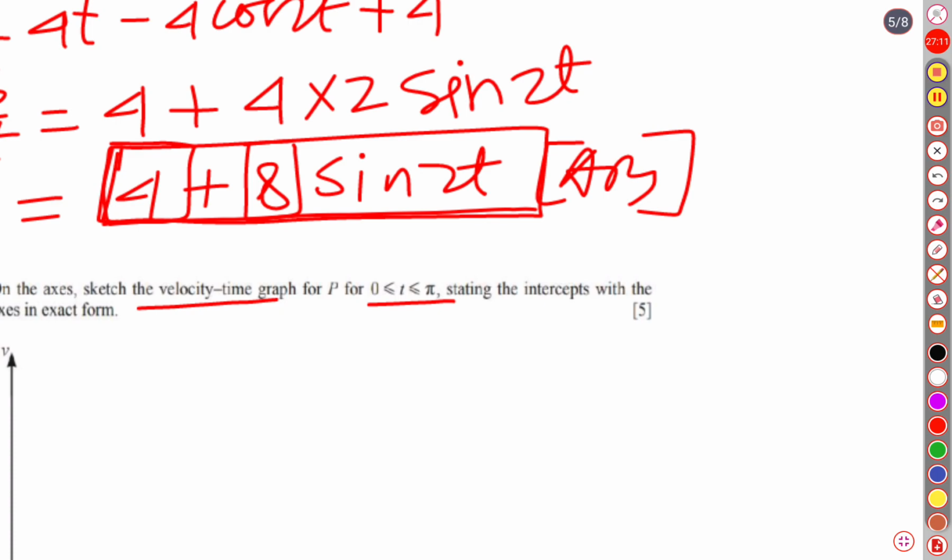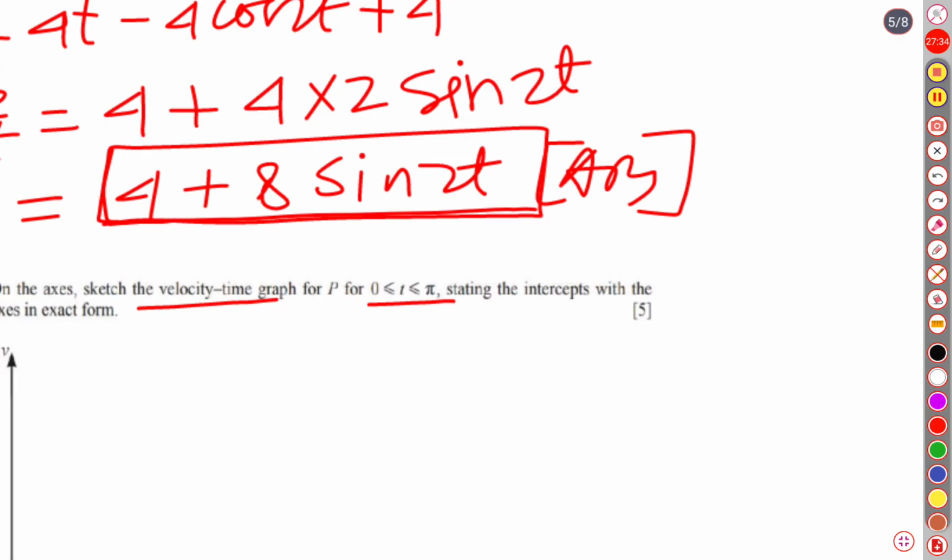So the greatest value, the maximum value, is going to be 4 plus 8, which is equal to 12, and the minimum value is going to be 4 minus 8, which is equal to negative 4. So remember, whenever a transformed function is given, for drawing that graph we will have to know the minimum, maximum, and line of equation.